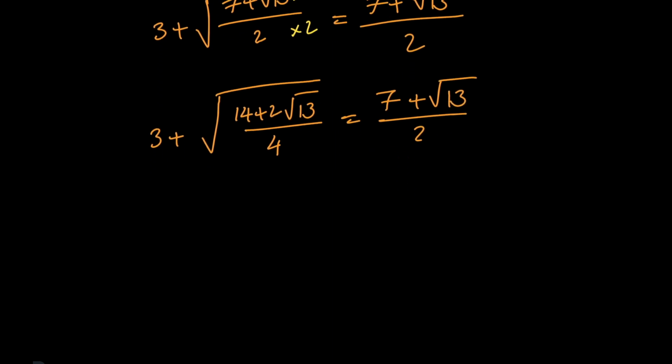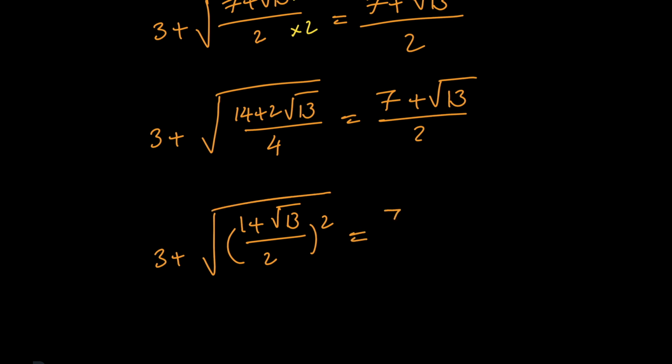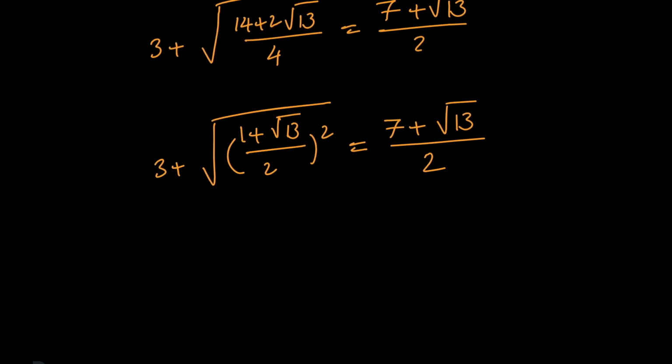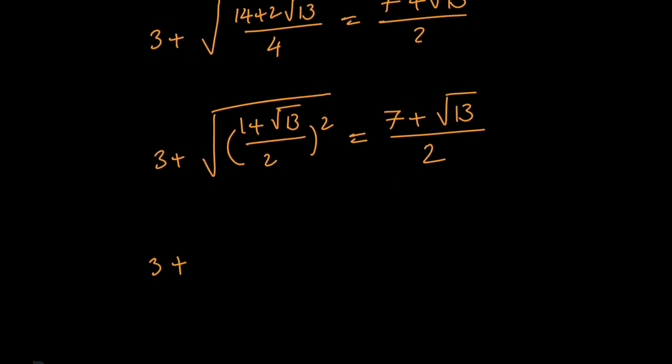Now, notice that this expression is a perfect square. We can write it as 1 plus root 13 divided by 2 all squared. So because of that, we can get rid of the radical and write the left-hand side as 3 plus 1 plus root 13 divided by 2.